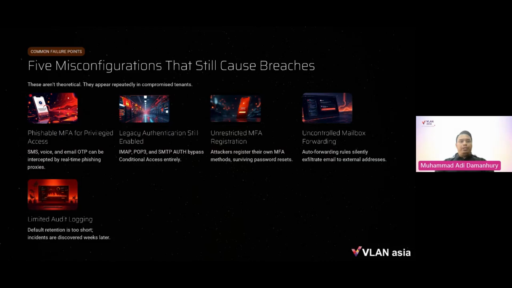Number 4, which is uncontrolled mailbox forwarding. Inbox forwarding rules are a favorite persistence mechanism during business email compromise. An attacker creates a rule that silently forwards a copy of incoming email to an external address, then sits back and monitors communication.